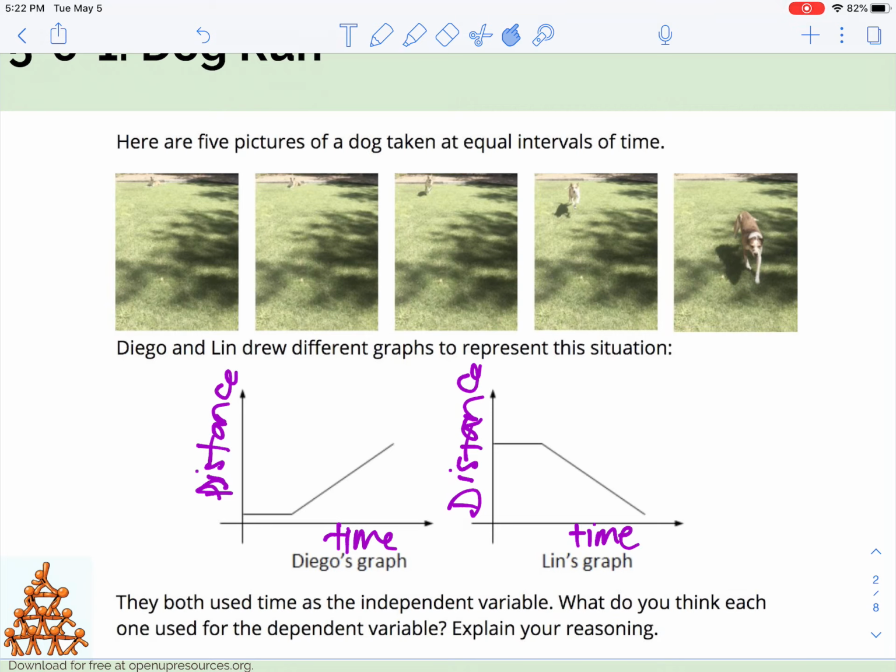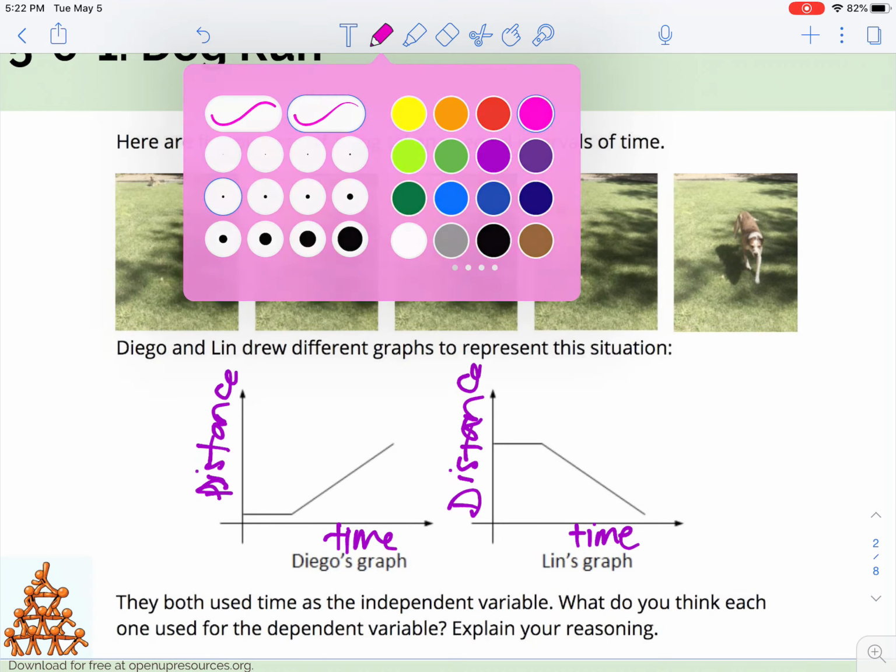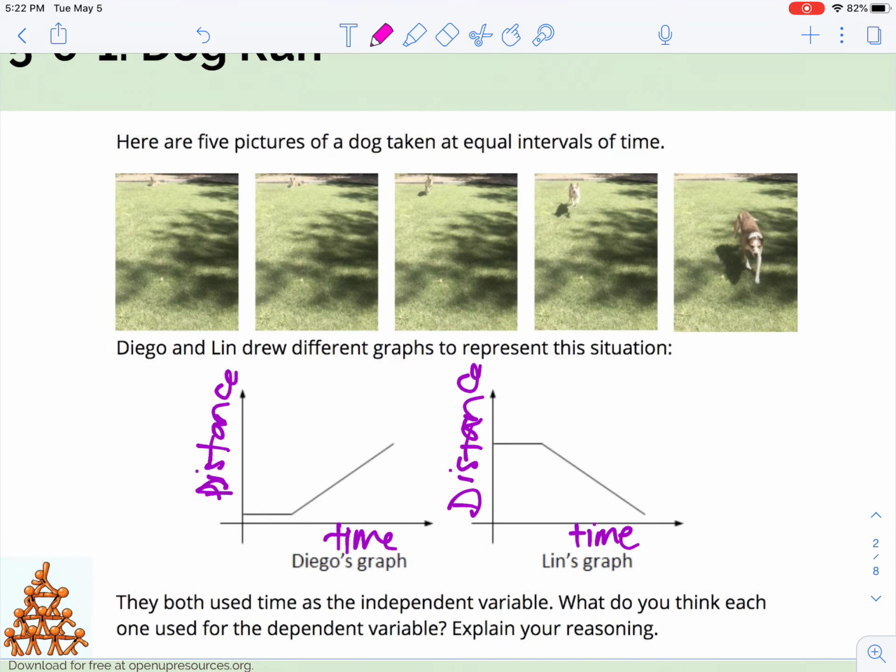So that means that he's probably using like the back of the picture, like this edge here between the dirt and the grass, I guess, in relation to the dog. So it's equal, and then it's a little bit farther, and then it's way farther.